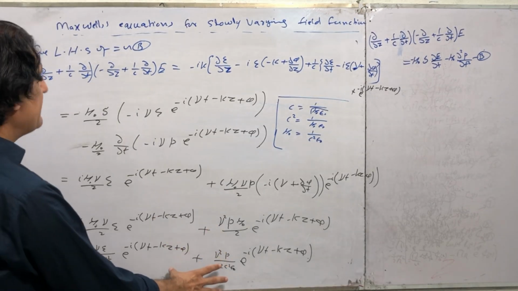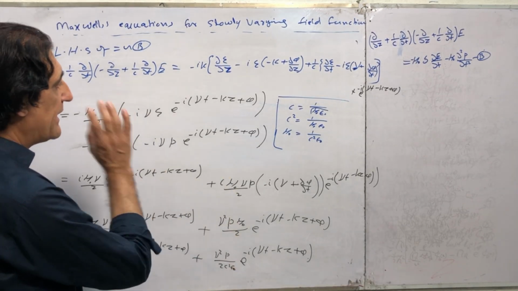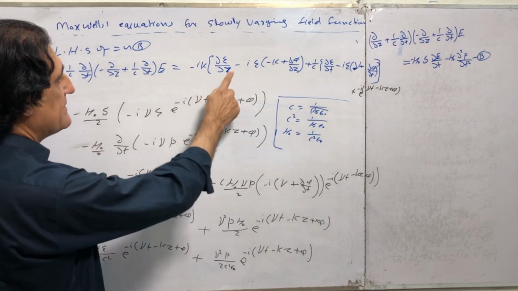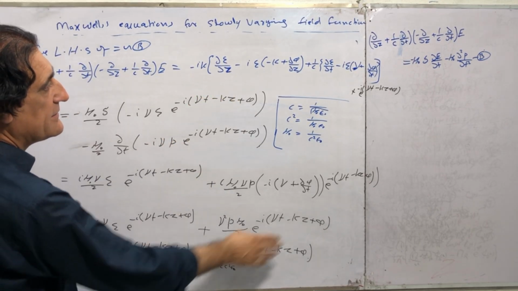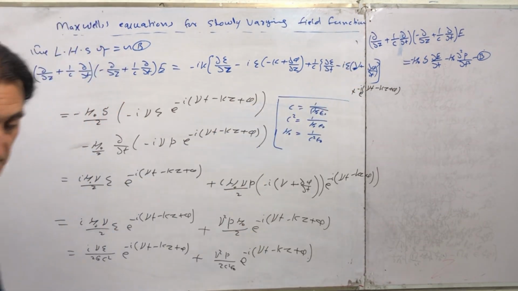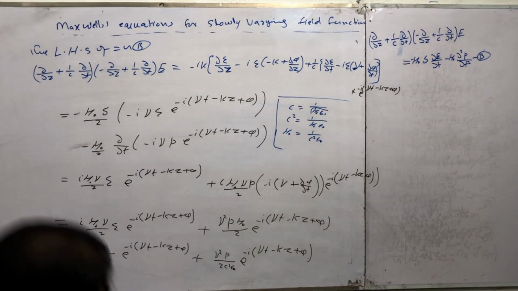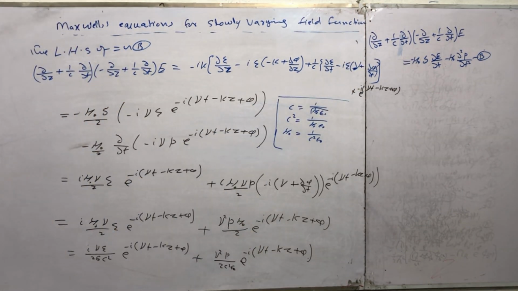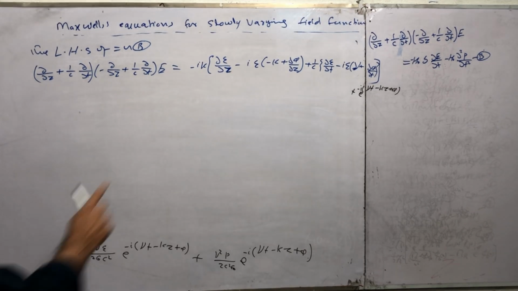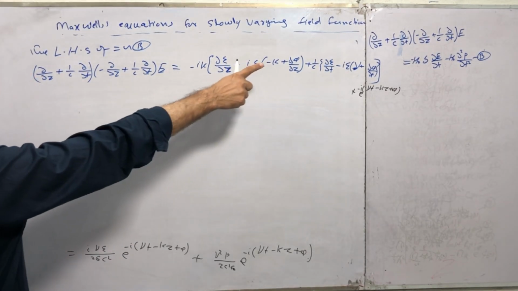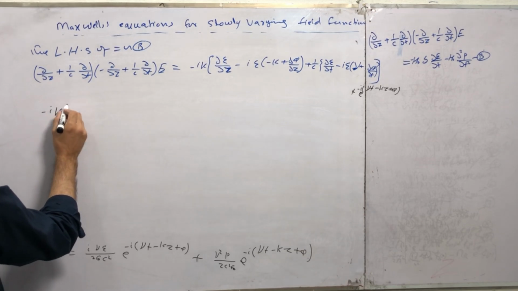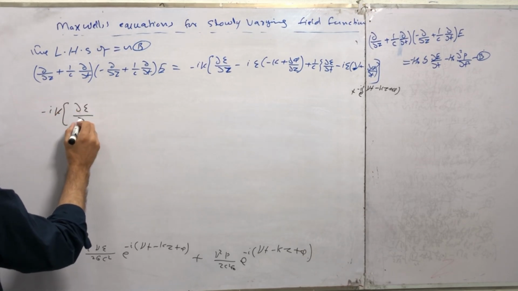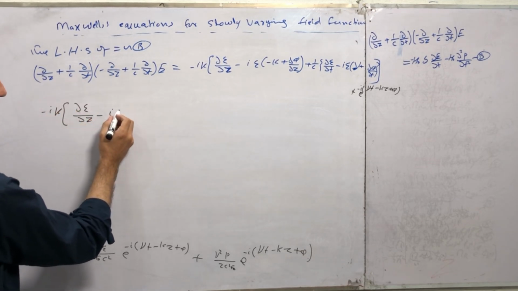Now compare the left hand side and the right hand side. This is the left hand side and this is the right hand side of equation B. The left hand side of equation B is this one, minus iota k partial e divided by partial z minus iota.